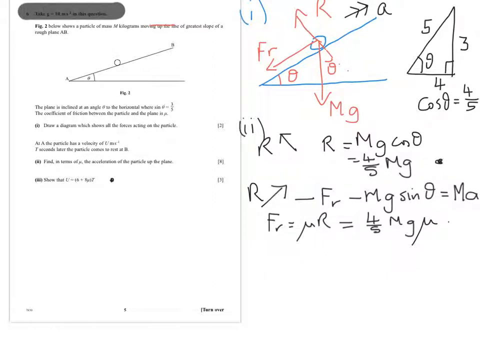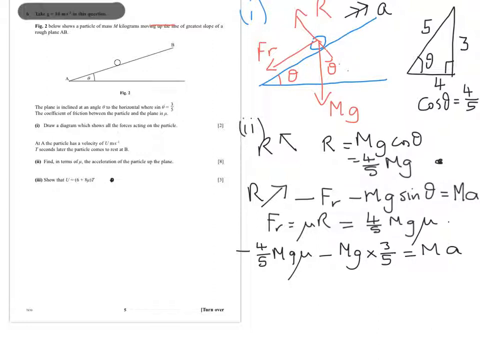So there's our friction. So if we sub that into the equation just above it, we'll have minus the friction, so minus 4/5 mg mu, minus mg times sine theta, which is 3/5, and that will be equal to the mass m times the acceleration.